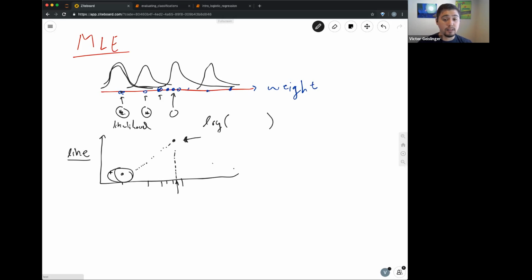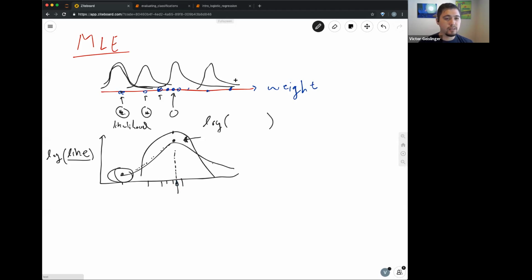If I took the log likelihood, it might look something more like this, but the maximum point will still be at that same x point right here. And that's why we take the log: it just makes it easier for us to do a derivative.